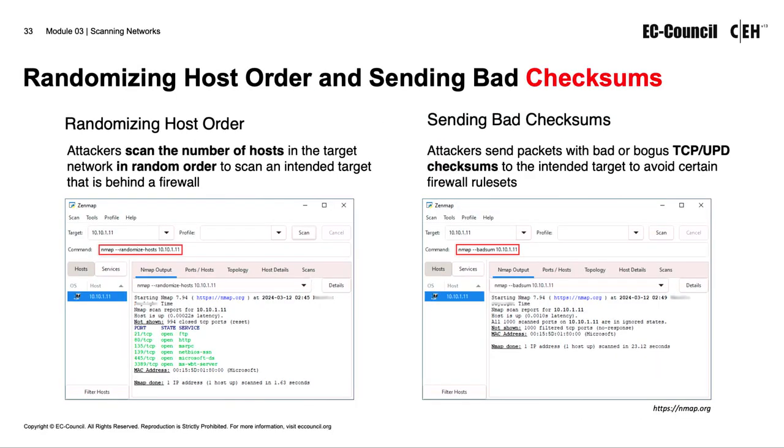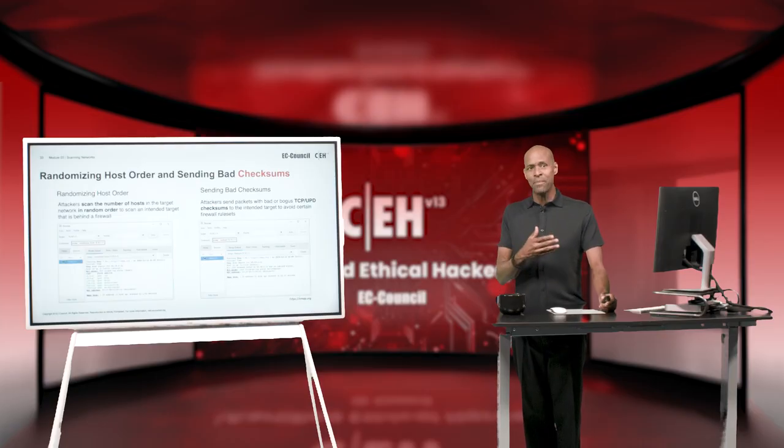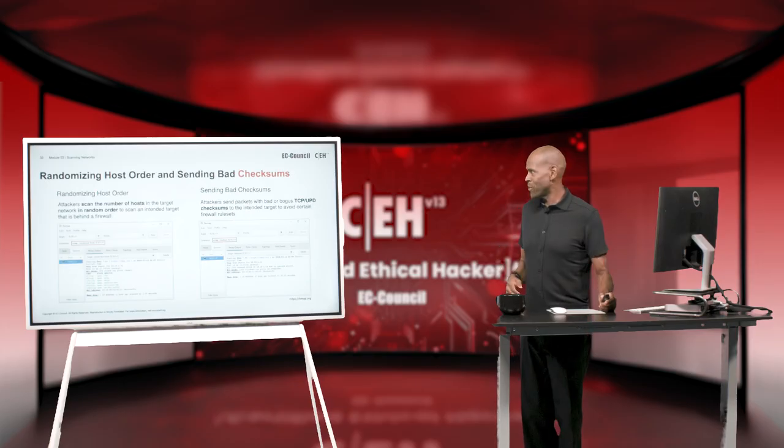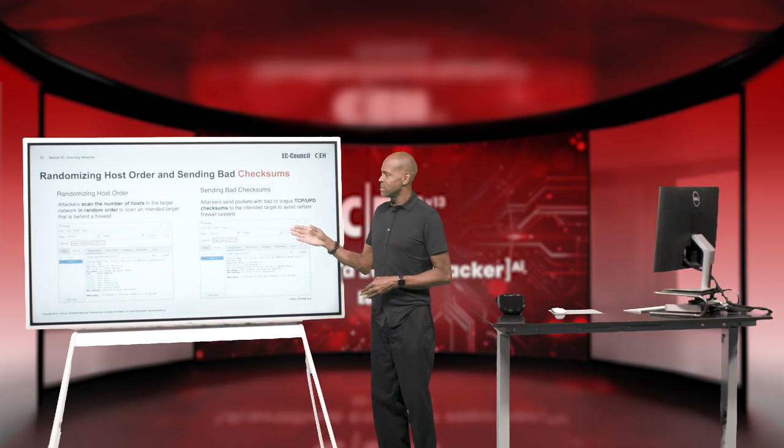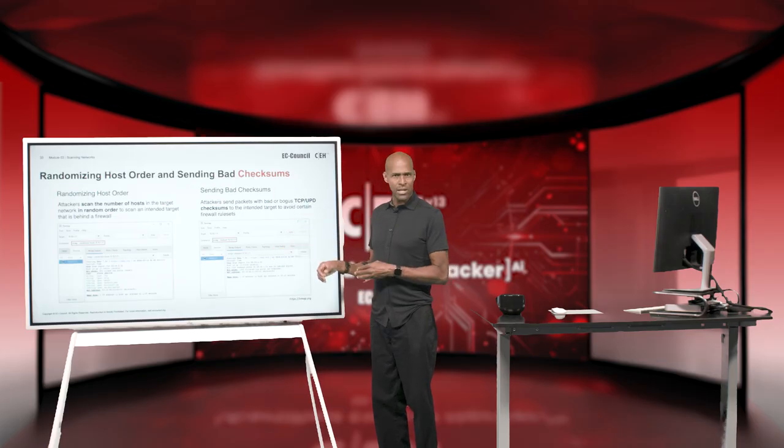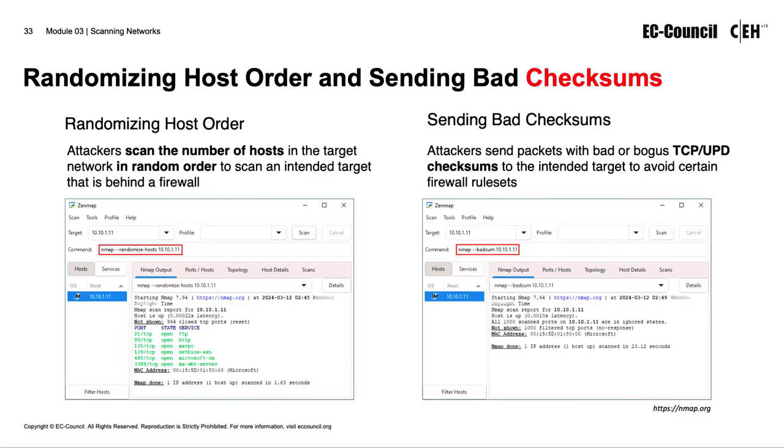Okay, so what's one of the things that you can do? In this case, we're going to move from Colasoft and go into Nmap, as you see here. Let's have a look at what we're doing here. On the first illustration, on the left-hand side of your screen, we're randomizing the hosts. So let me show you the command that we're using to do that.